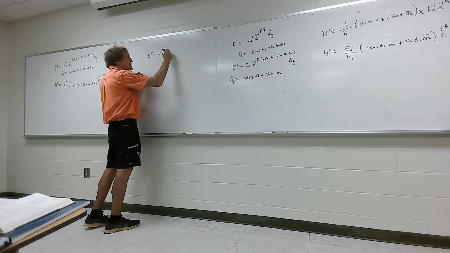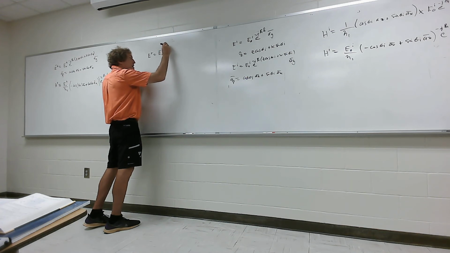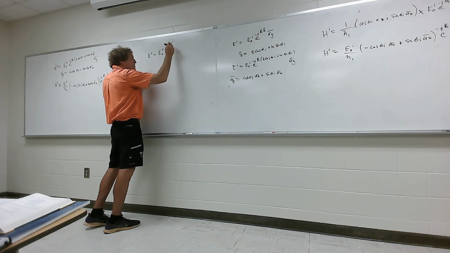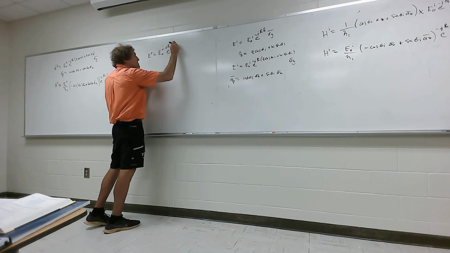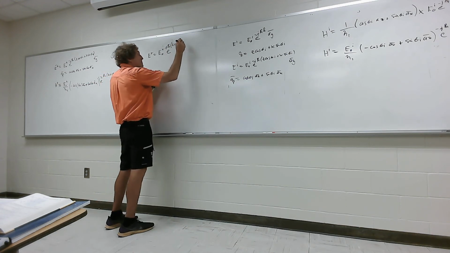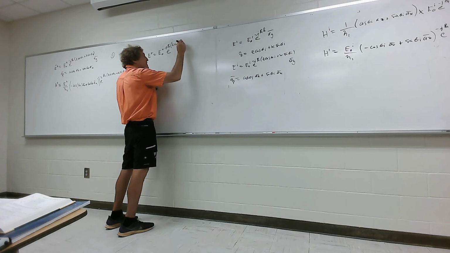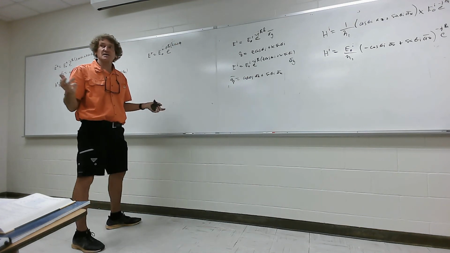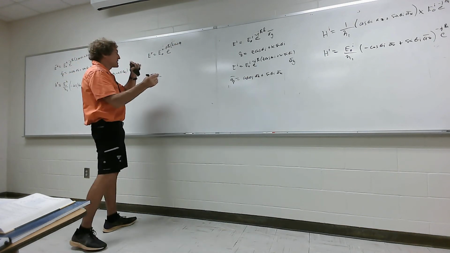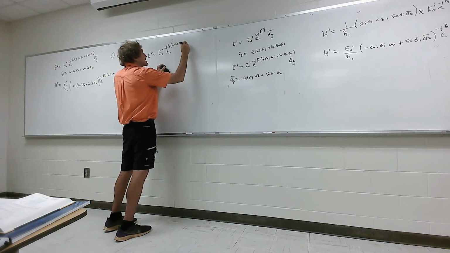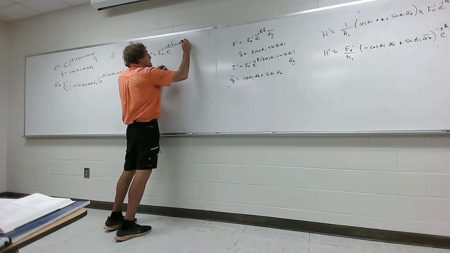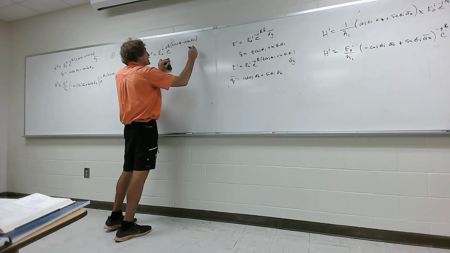Then it's going to be e to the plus j, not minus, beta 1, and it will be z cosine of theta incident, or cosine theta reflected. You'll see in a second that theta incident and theta reflected are the same. And then it's going to be minus x times the sine of theta reflected. And this will be in the y direction.